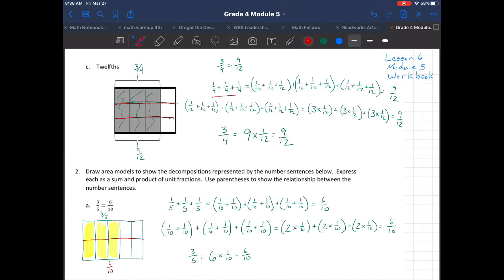The 1/4, the 1/4, the 1/4 is that 3/4. And then each of these 3/12 go together. The 3/12, 1, 2, 3/12. Each is equal to a fourth. I'm going to write each of these is the same as a fourth.